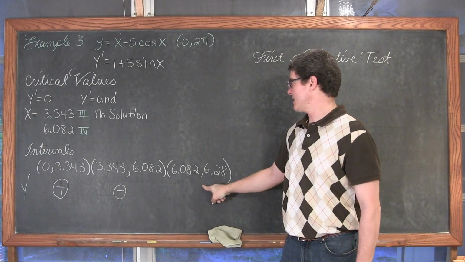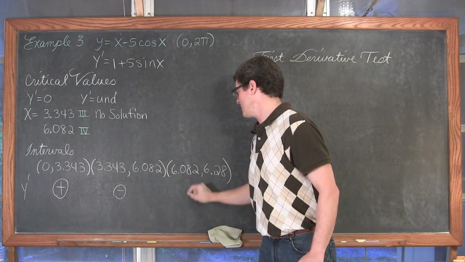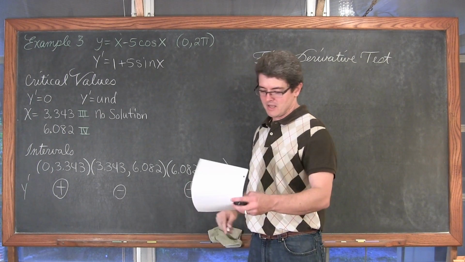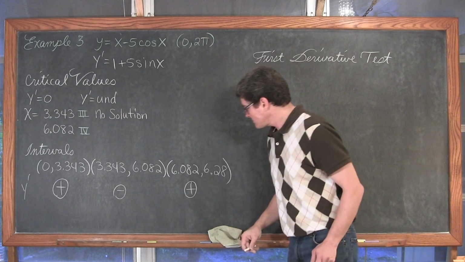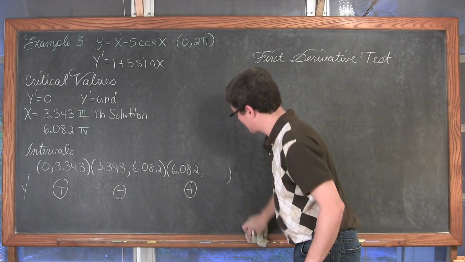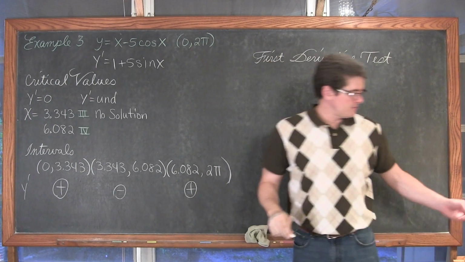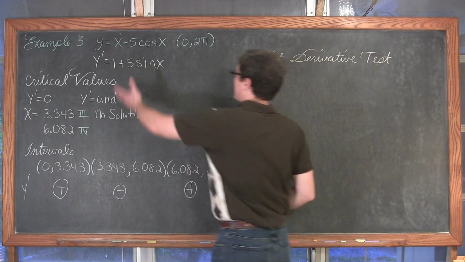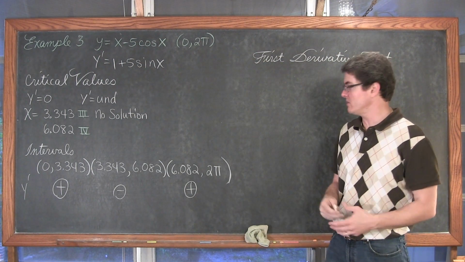And then finally, if I plug in maybe 6.1 into my first derivative, I'm again going to get a positive answer. Actually, this should be 2 pi, just to be exact with my interval that was defined at the beginning of the problem. And again, these functions are continuous everywhere, so I don't have any issues with discontinuities.